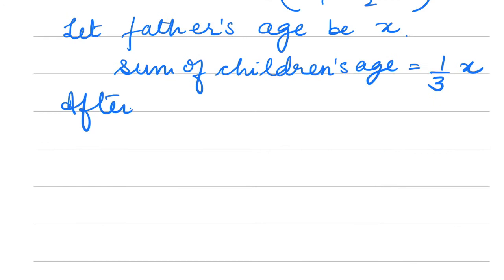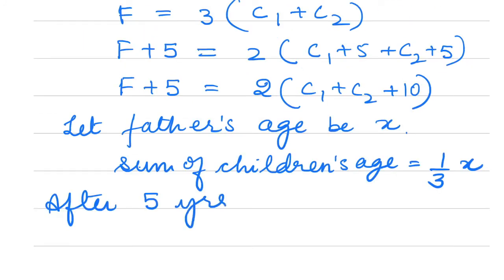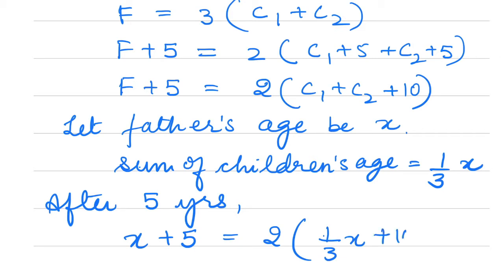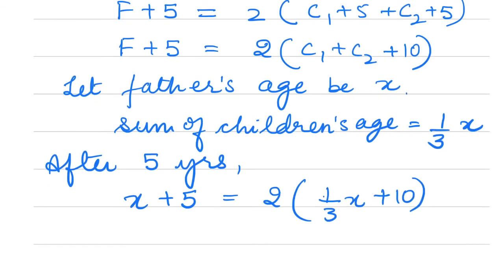Now after 5 years, father will be x plus 5 and he is equal to twice the age of children. Then so twice, and the previous age was 1/3x, and 5 years are added to both, so plus 10 I can write down. Now we have got an equation.